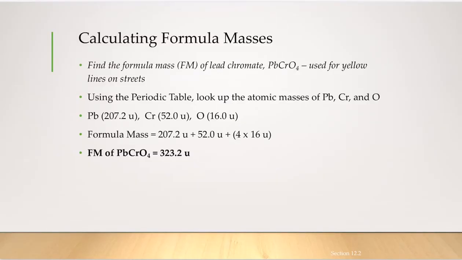Okay, here is another example for calculating the formula mass. Let's say that we wanted to find the formula mass of PbCrO4, which is lead chromate. The atomic mass of lead is 207.2 units, and for chromium it's 52.0 units, and for oxygen we know that one oxygen is going to be 16, and there are 4 oxygens.